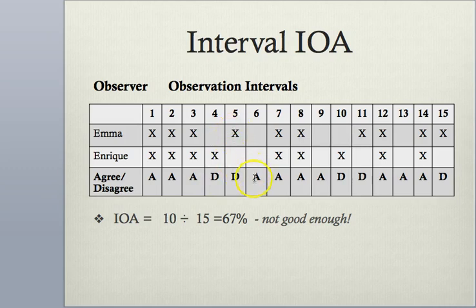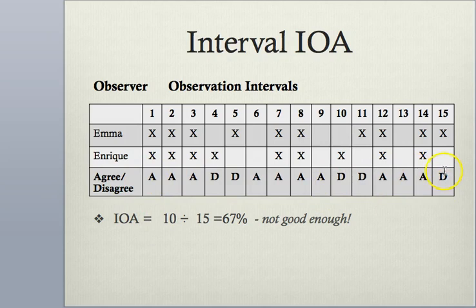But in interval 6, both of them agree that the behavior did not occur. And so we have agreements and agreements. Here they agree that the behavior did occur. Again, here they agree that it did not occur. It's when one sees the behavior and the other does not, as in intervals 10 and 11, that we end up with disagreements.